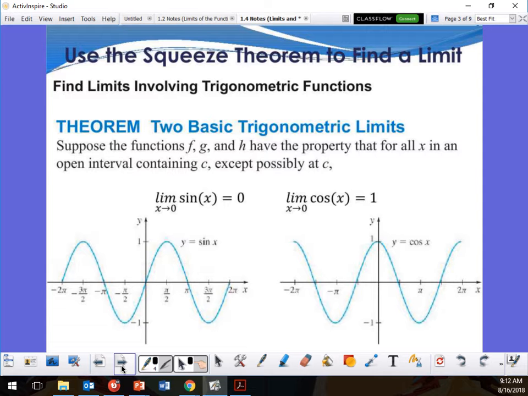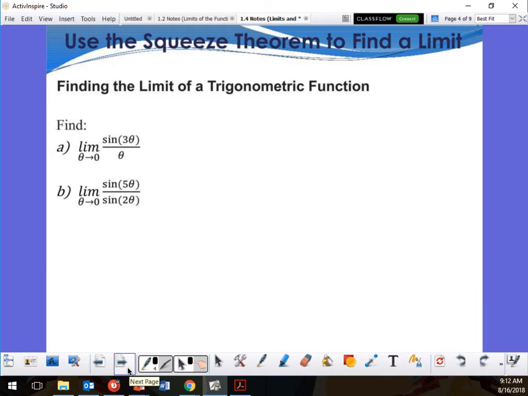Limit as x approaches 0 of the sine wave right here, left and right of the function. I'm looking here, right? Both left and right hand go to 0. Up here, cosine. Left side, right side of my function, both go to 1. Basic, right? So you have to know the unit circle. I haven't graded your quizzes, so I don't know if you know the unit circle yet.